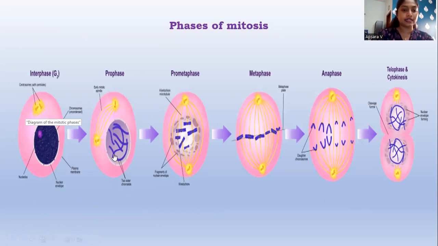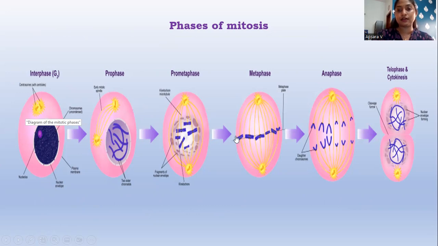In the prophase, you can see how the centrioles move and they form the early mitotic spindle. In the prometaphase, the mitotic spindles are clearly formed, and the condensation of the chromatin fibers into chromosomes is seen.